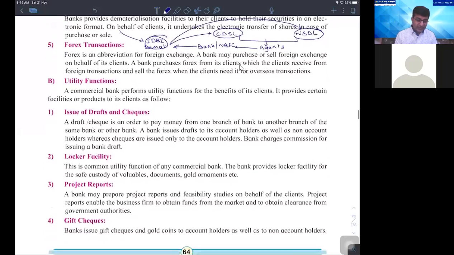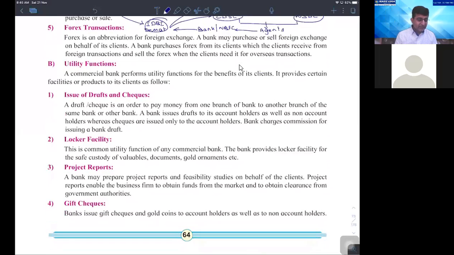Then comes the forex transactions. Forex transactions here means what? They are buying and selling the foreign currency for you. If you are going to a place outside India, for that purpose you need certain funds. Those funds in the foreign currency may be provided to you by these commercial banks.